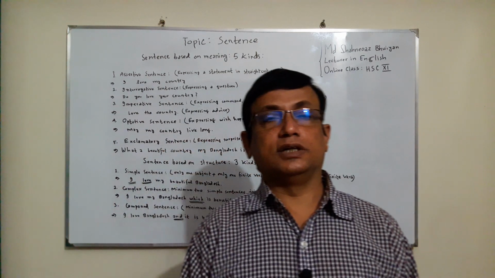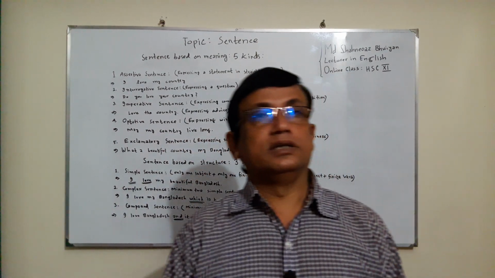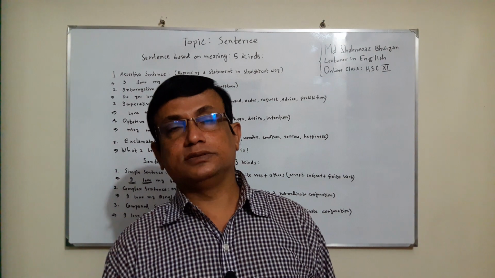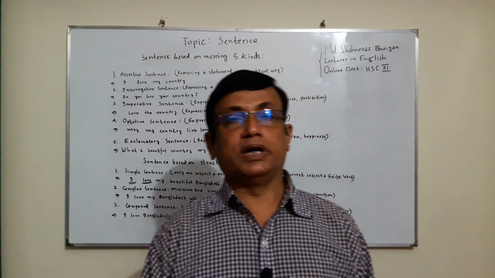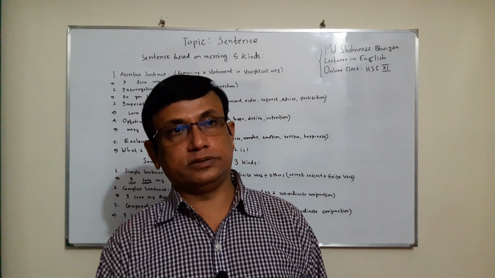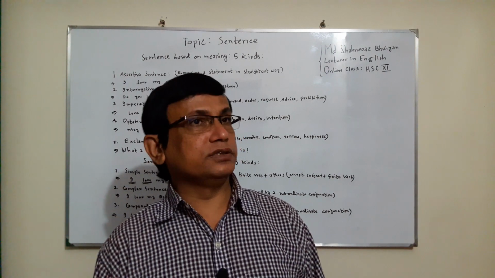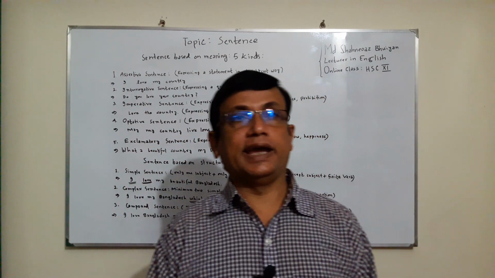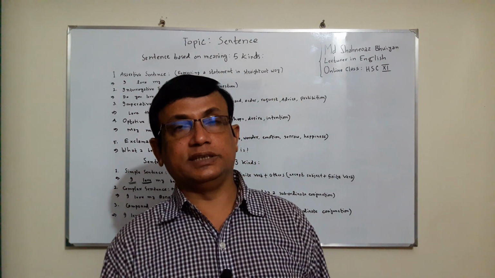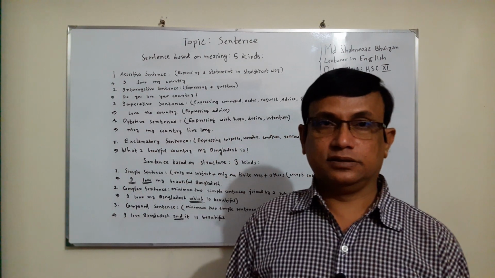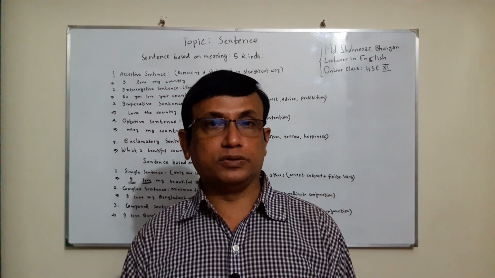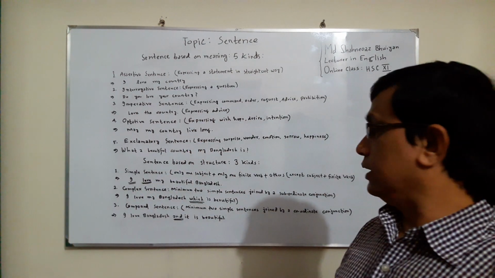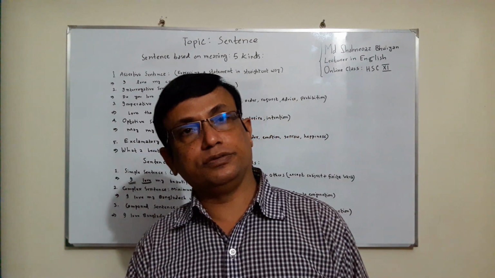And now the compound sentence. This is a sentence which has a minimum of 2 simple sentences joined by a coordinating conjunction. Coordinating conjunctions are such as and, or, but, yet, still, etc. For example, for a compound sentence, I have written, I love Bangladesh and it is beautiful.